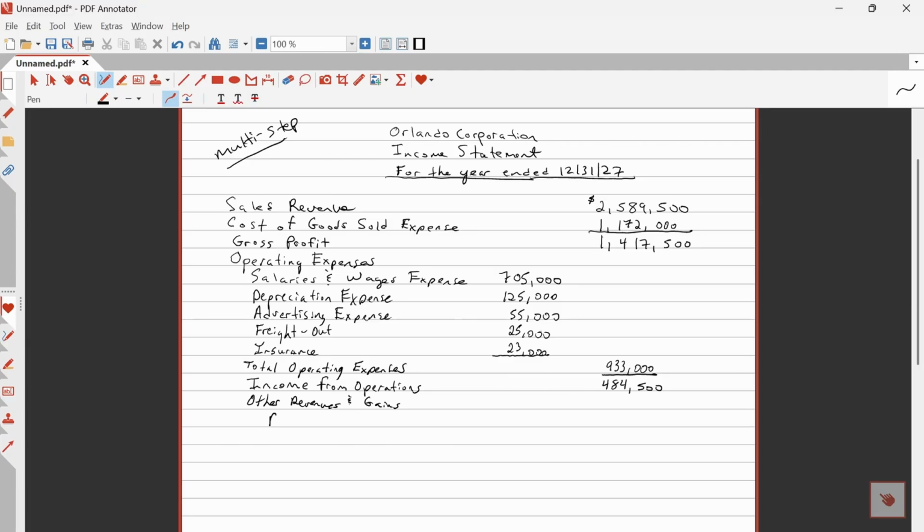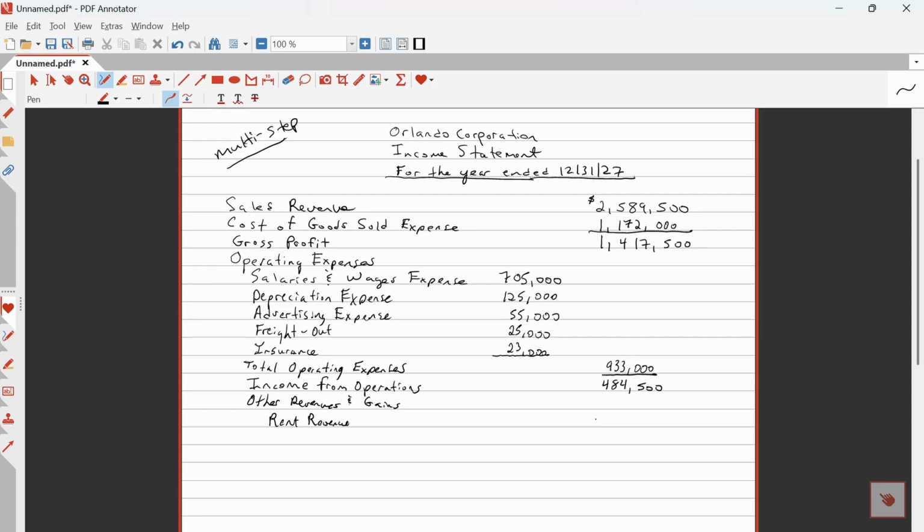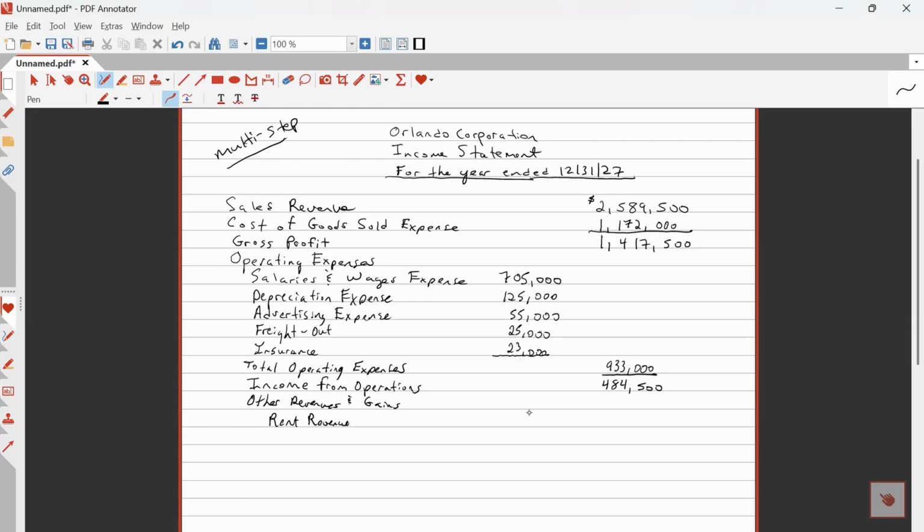So for example, that rent revenue that was $24,000 will be here. And that interest revenue, I think we had an interest revenue as well, did we? Yeah, interest revenue of $30,000. So we need to list those in descending order. So we'll put this down here.